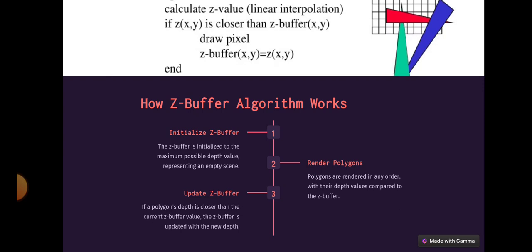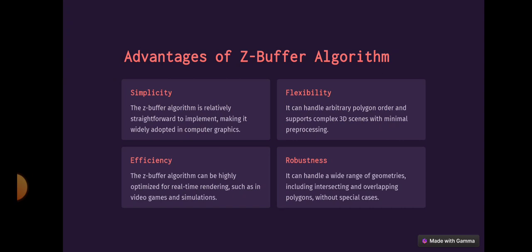Now, the next slide, the advantages. First of all, Z buffer algorithms are widely used due to their simplicity and effectiveness, also flexibility, efficiency, and robustness. In terms of simplicity, the Z buffer algorithm is relatively straightforward to implement, making it widely adopted in computer graphics. Flexibility: it can handle arbitrary polygon order and supports complex 3D scenes with minimal processing.